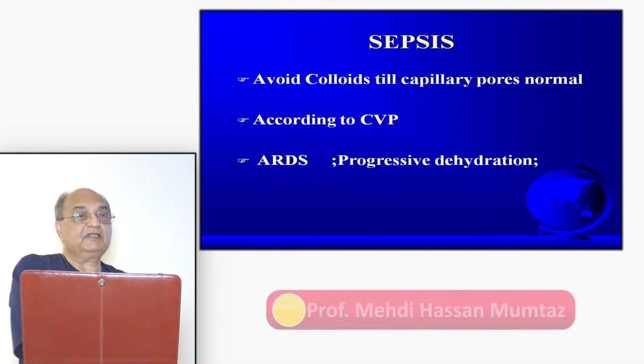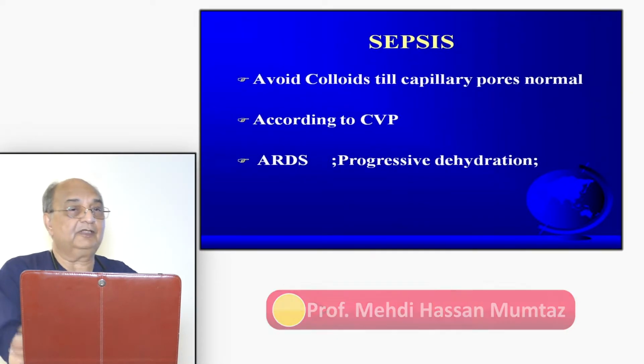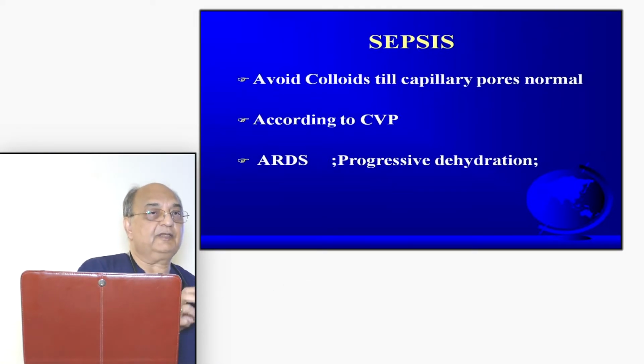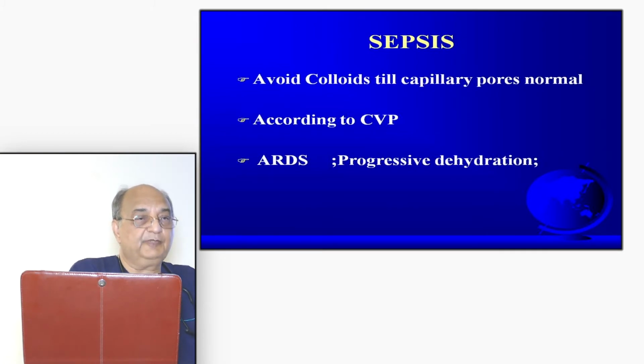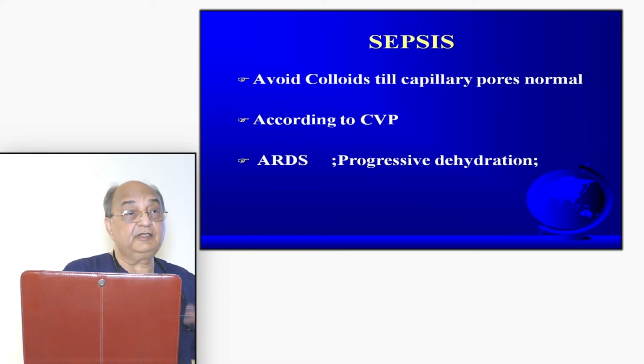Sepsis. Septic patients: avoid colloid until the capillary pores are normal. At the capillary level, due to sepsis, they are vasodilated. When they are vasodilated, their pore size becomes bigger, so the colloid solution molecule can pass and go into the interstitial compartment. Don't give any colloid solution till you are sure that the capillary pores have come back to normal size.